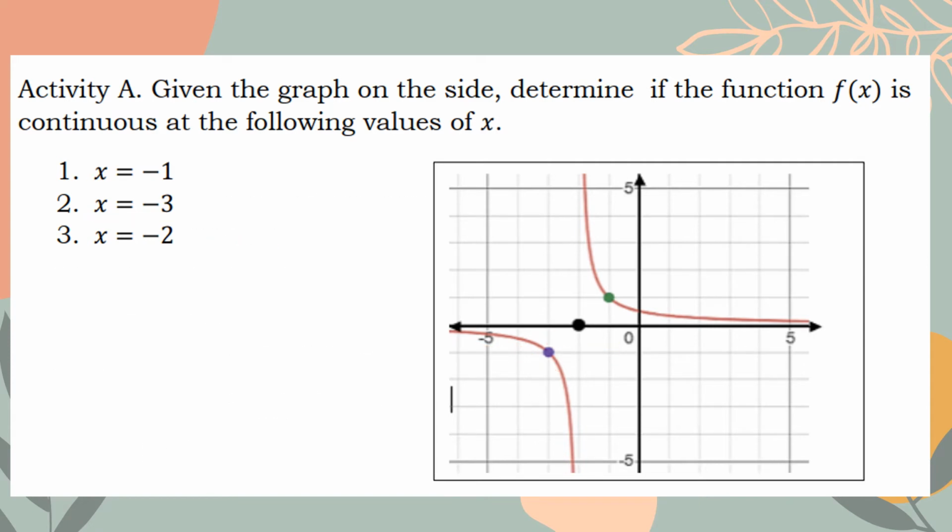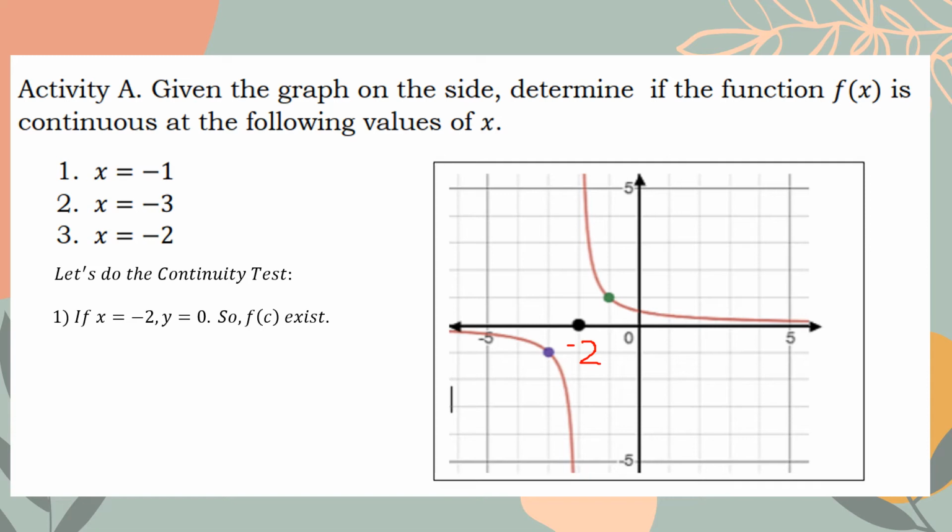Let's have question number 3. If x is equal to negative 2, this is negative 1, this is negative 2, the black one. Try to use f of c. If x equals negative 2, what is the y value here?